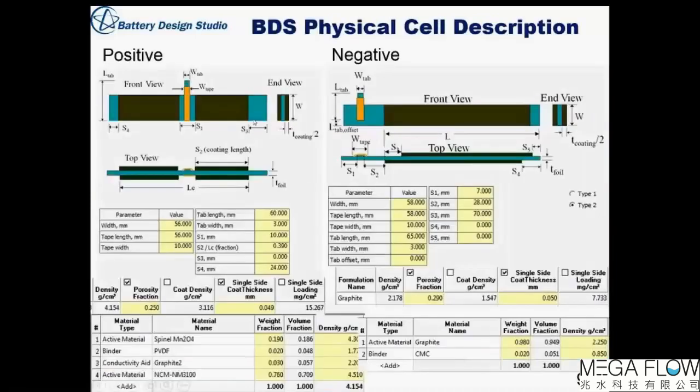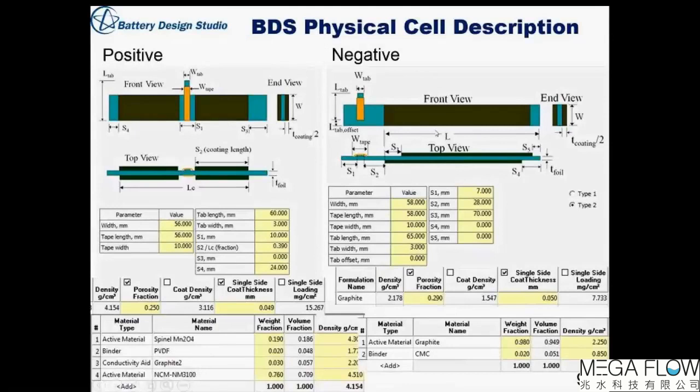And then we went to the individual components. So the positive electrode had a center tab, so we picked a center tab design, and we entered in the width and the position of the tab and all the other information, the coating thickness and the coating loading. The formulation we didn't know, so we had to make a guess, and we'll come back to that a little later.